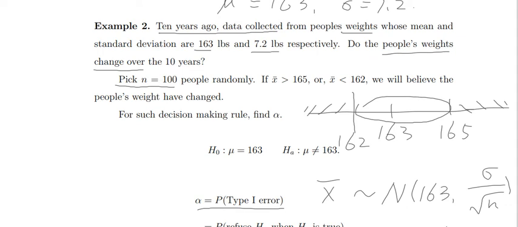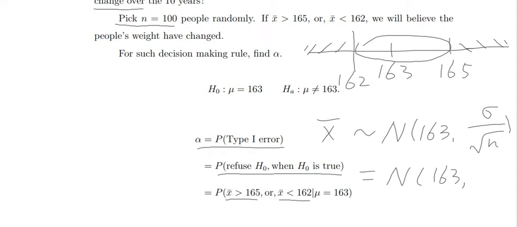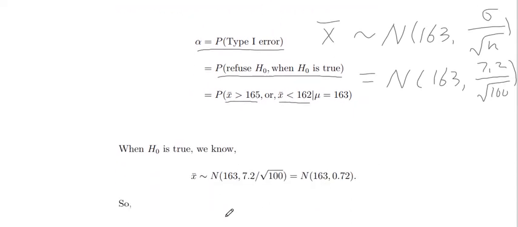Sigma is 7.2. What is n? n is 100. So here it is 7.2 over the square root of 100, right? So x bar follows this normal, the mean is 163, and the standard deviation is 0.72.